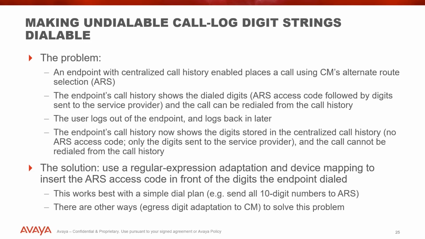The way this works is while you're logged into your endpoint, the endpoint keeps local call history. So it logs whatever digits you dialed, whether it's an ARS access code followed by a bunch of digits that are sent to the service provider, or whether it's an extension, just exactly whatever digits you dial get logged by the endpoint. Also, Session Manager is logging your calls so that when you log out and log back in, you can reload your call history.